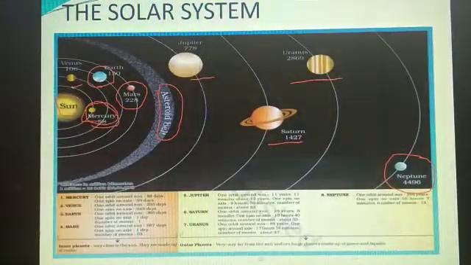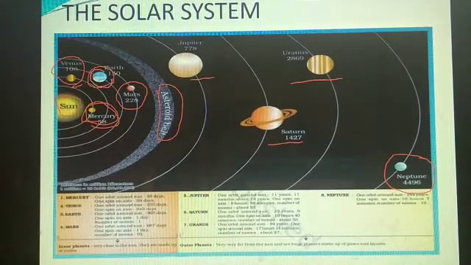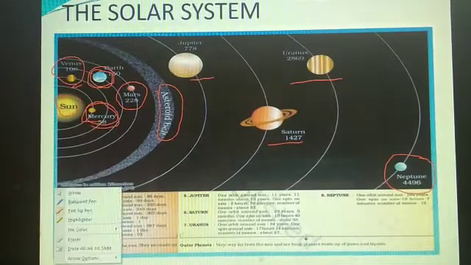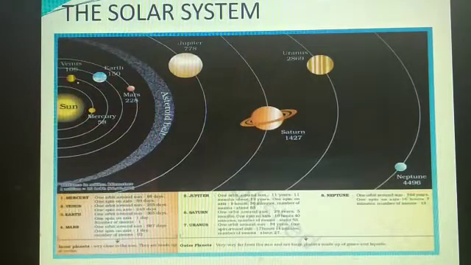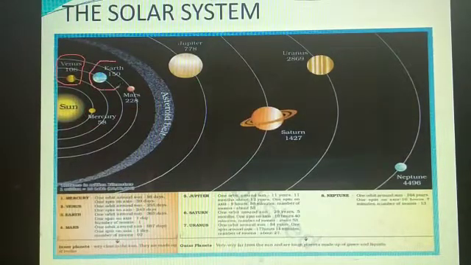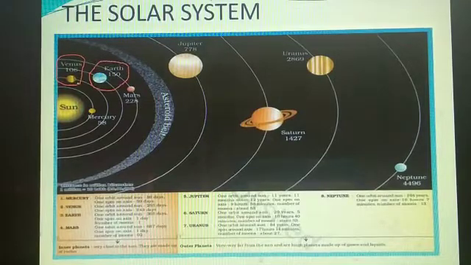Okay, so Venus is here and Earth is here. So let's see again. Venus is here and the Earth is here. Okay, and this planet, that is Venus, is also known as the what? Earth twin.